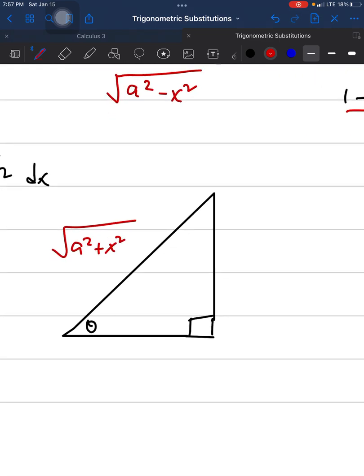And whenever we have something like this, we want to put the sides in such a relationship that we have x over a. We only have an opposite side and an adjacent side, so that means we could use tangent to help us write the sides in an x over a relationship. Tangent we know is opposite over adjacent.